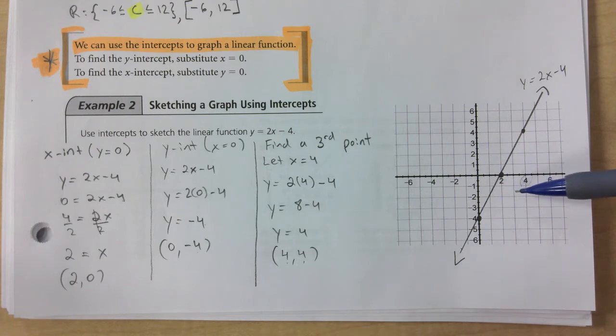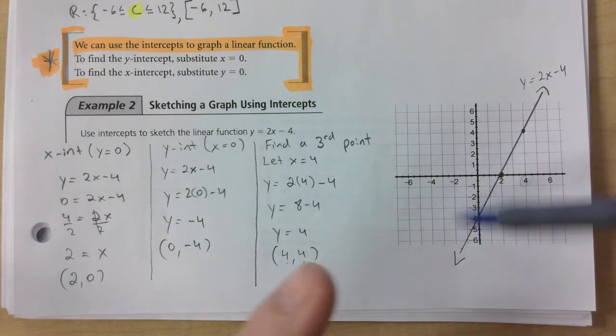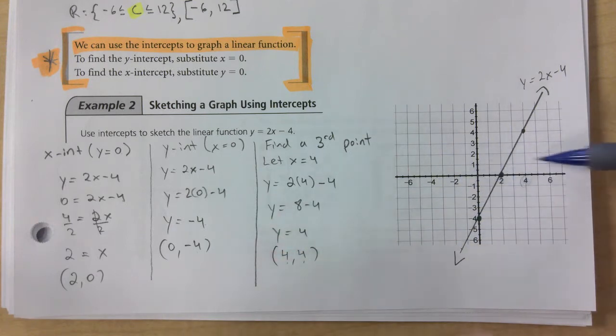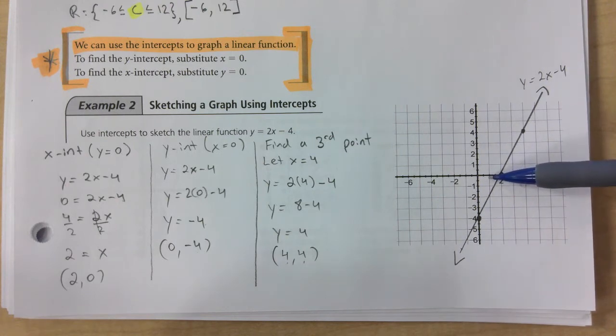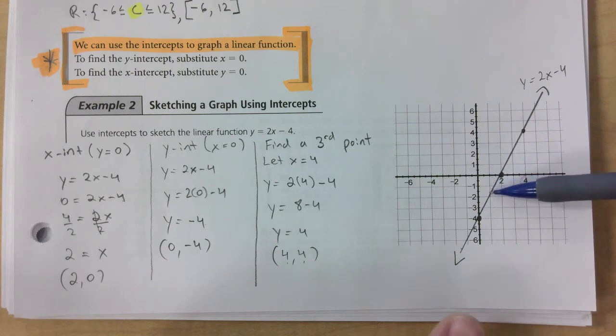Could you have picked 1.5? X is equal to 1.5? Yes. Could you have picked x is equal to -2? Absolutely. Like it doesn't matter, but you got to be smart. Like I picked 4 because I knew I had lots of room here and I would be able to fit, right? You could have also picked x is equal to 1, right? Then it would be somewhere in here, right?